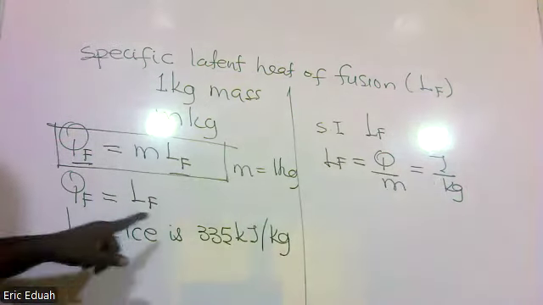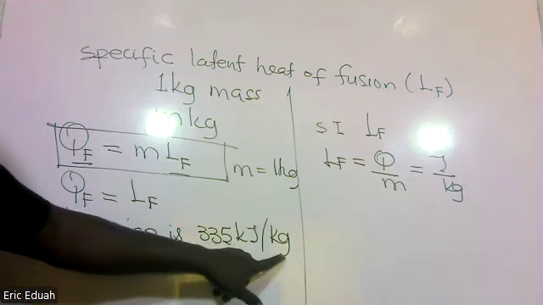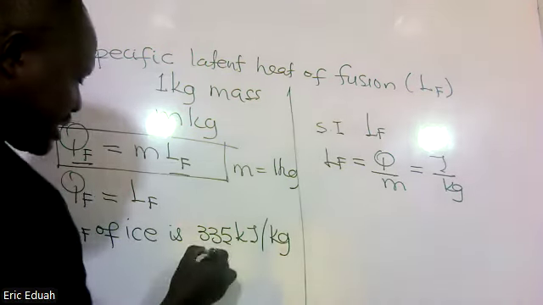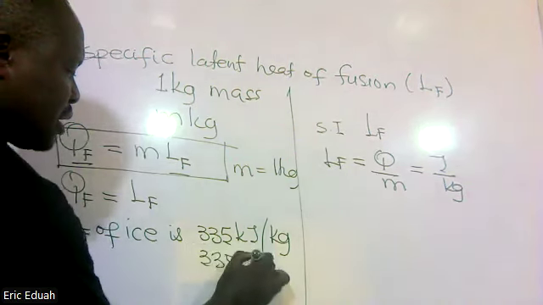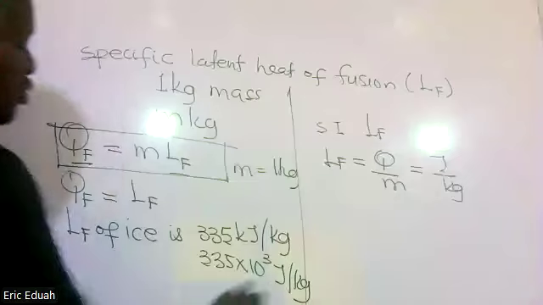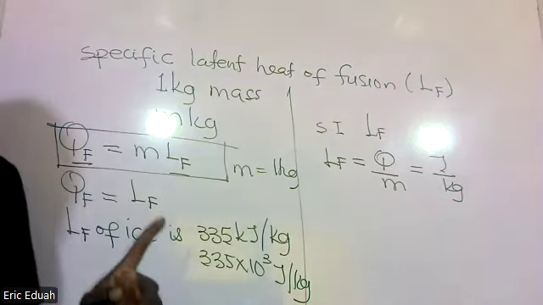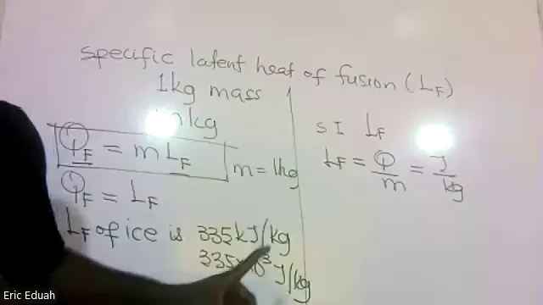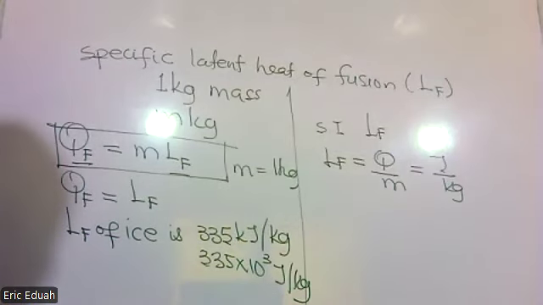That is the reason why here we have 335 kilojoules per kilogram, meaning this is actually 335 times 10 to the power 3 joule per kilogram. So please, whenever you are given a problem, do not overlook the prefix kilo, because it's very, very important.